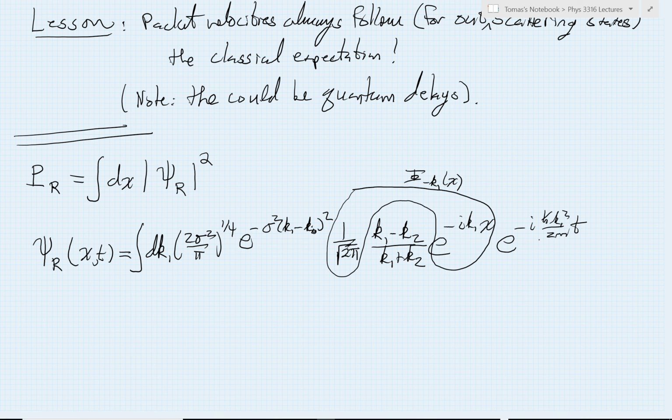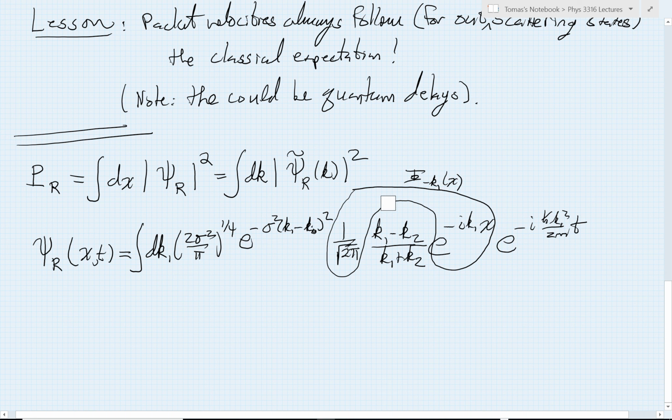So instead of doing this in the position representation, let's use our other option we always have in quantum mechanics. We also have a momentum representation. I could get exactly the same probability from Parseval's theorem by integrating not psi of r, but the momentum representation for psi of r. Of course, modulo squared, so that I'm getting probabilities. And these momentum amplitudes are exactly what multiplies these momentum states. And I know what those are.